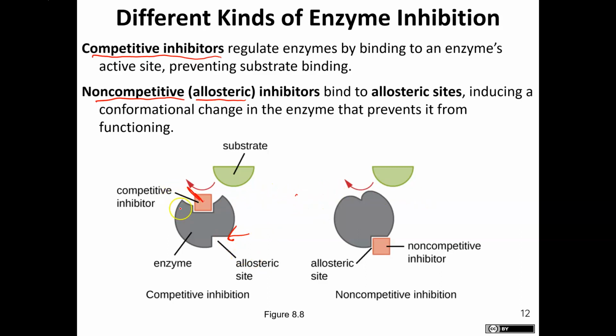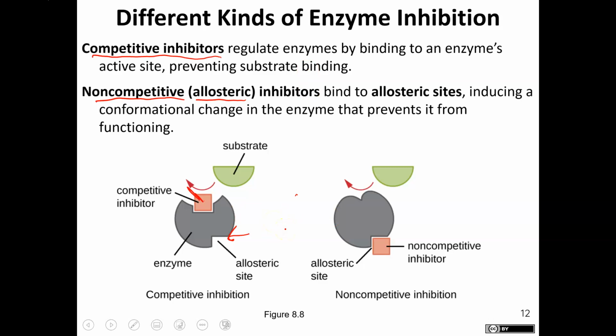So over here, you see that active site where this substrate normally binds. And over here, the active site has changed because now we have this non-competitive inhibitor binding. And so now this enzyme is no longer functional. In both cases, the enzyme is not going to function properly.